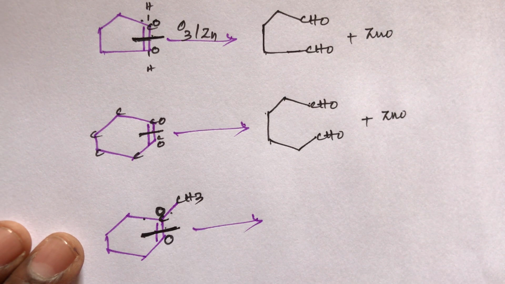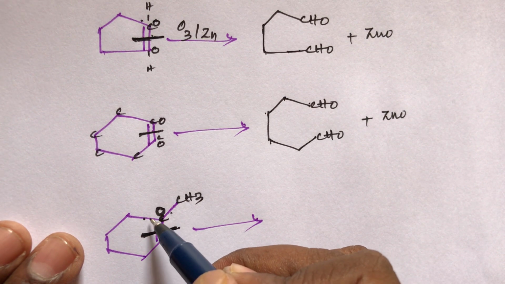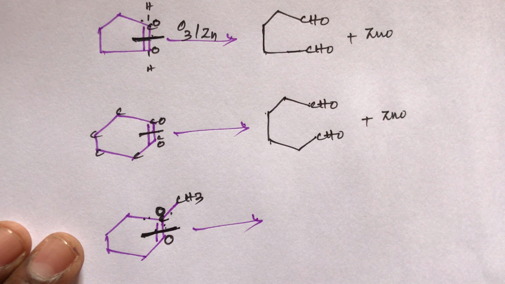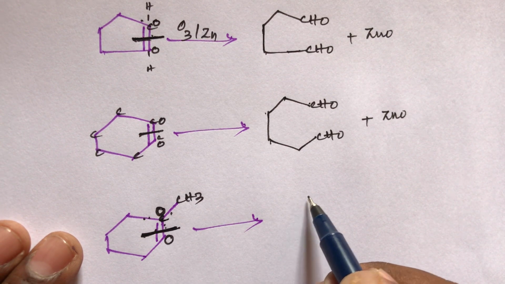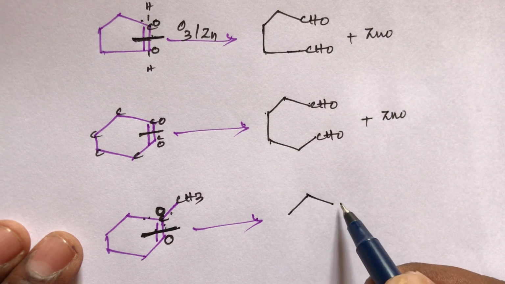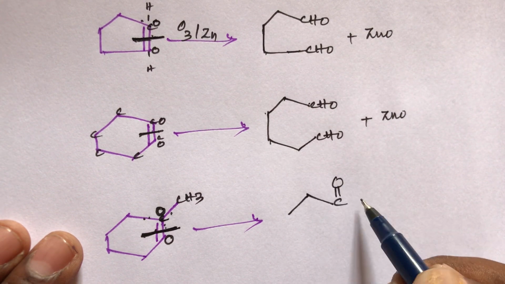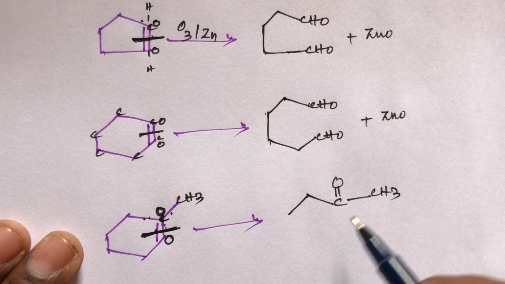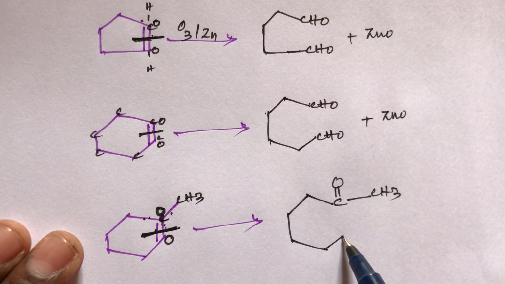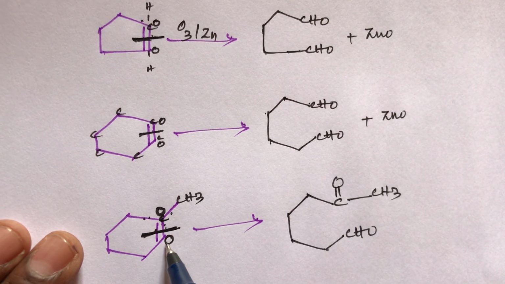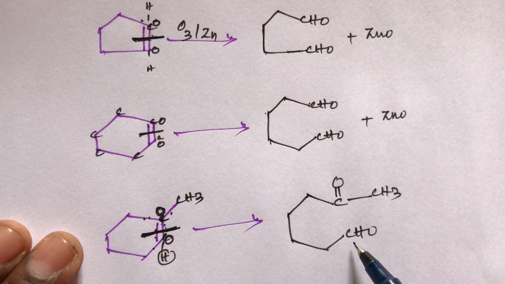Remember, students, this carbon has four bonds and no hydrogen, so it becomes a keto group. We get the product: CH3 C double bond O, then CHO. This carbon has three bonds and one hydrogen, so CHO is an aldehyde and the other is a keto group.